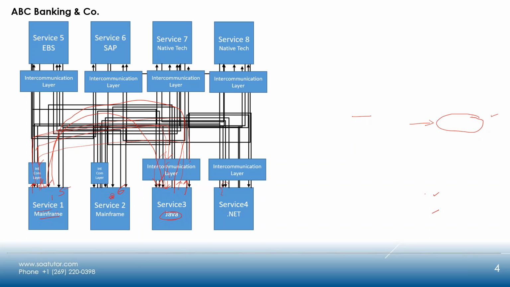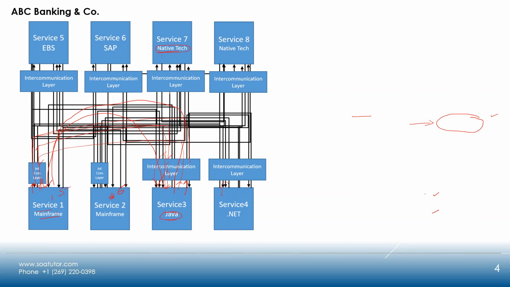So there are some mainframe components, there are some EBS services, there is a SAP module, and through the acquisition we have got 2 services here which are completely written in their own native technology. There was a startup which has come up with its own API, but unfortunately we have acquired it, so we need to integrate that service, but it's in a native technology. So all these guys are talking different languages, so obviously you need an intercommunication layer. So our overall architecture at this point of time is something like this.